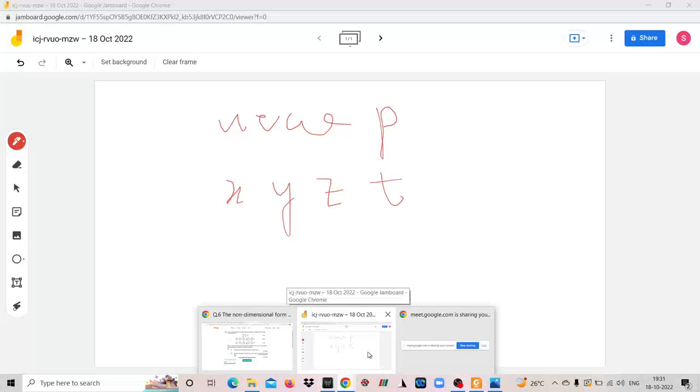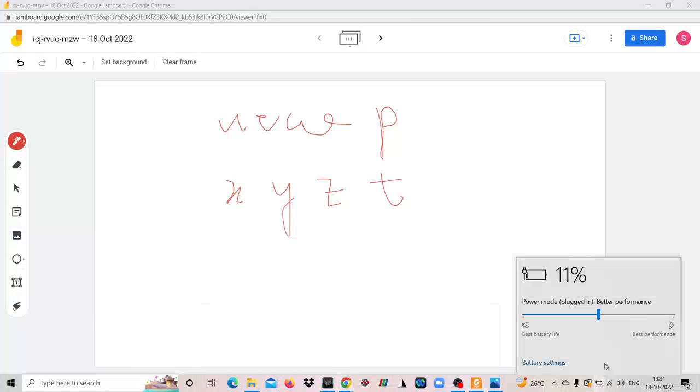Just 1 second. Power mode plugged in. Just 1 second. My battery is.